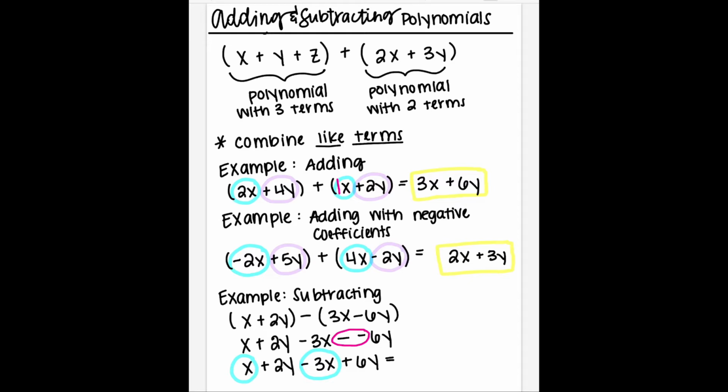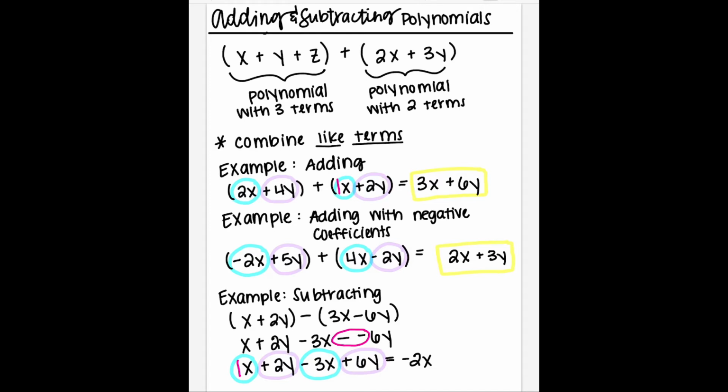If I have an x with no coefficient in front, it's understood to be a 1. So we have 1x minus 3x. 1 minus 3 is a negative 2, so that's negative 2x. Then looking at the terms that have the variable y, we have a positive 2y and a positive 6y.